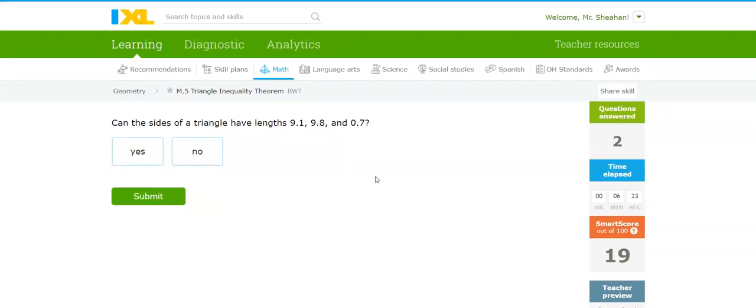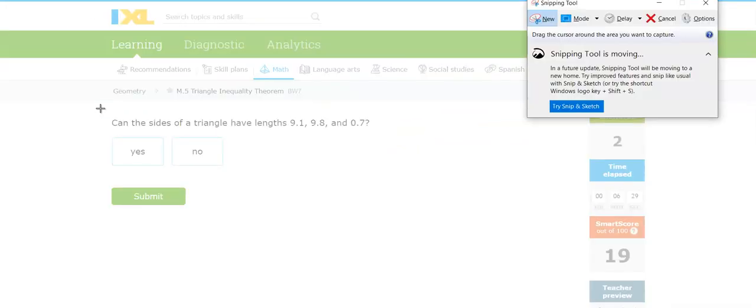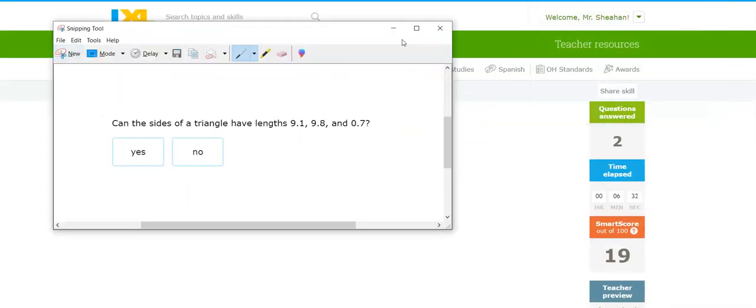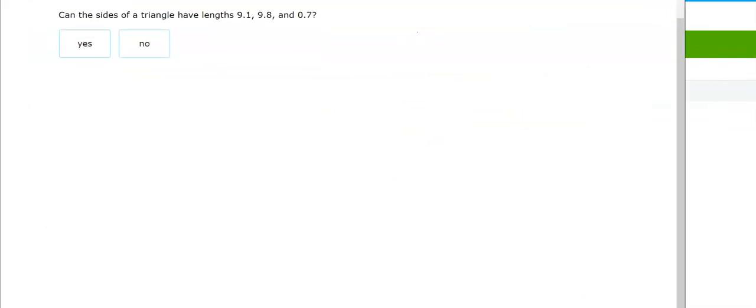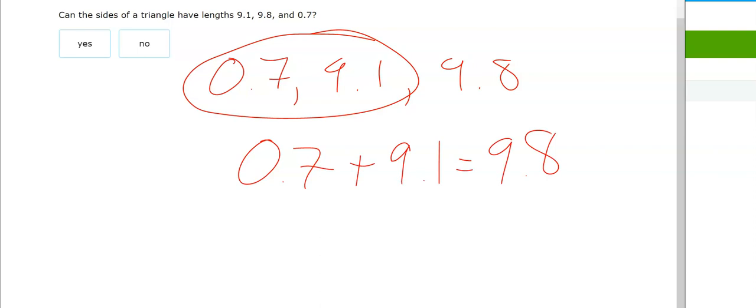Okay, here we see some decimals. That's okay, but also notice with this one that they are not in the correct order. Really this should be listed 0.7 if we go from smallest to largest, 9.1 and 9.8. We want to add these two. 0.7 plus 9.1 equals 9.8.